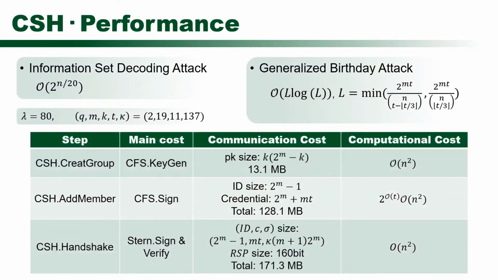To reach the security level of 80 bits, the parameters q, m, k, t, kappa can be chosen as 2, 19, 11, 137 respectively. We can see that although the communication cost is huge, our CSH scheme performs well in the speed of executing one handshake protocol.